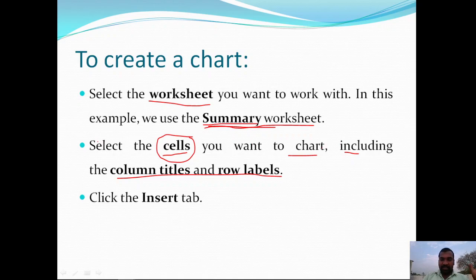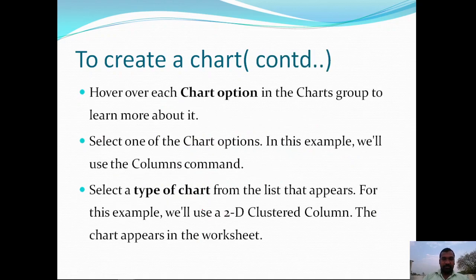That selection must include column titles, column headings, and row titles or row labels or row headings. Okay, then go to the Insert tab, click on that Insert tab. Then hover over each chart option in the Charts group to learn more about it. So select one of the chart options, for example column charts.